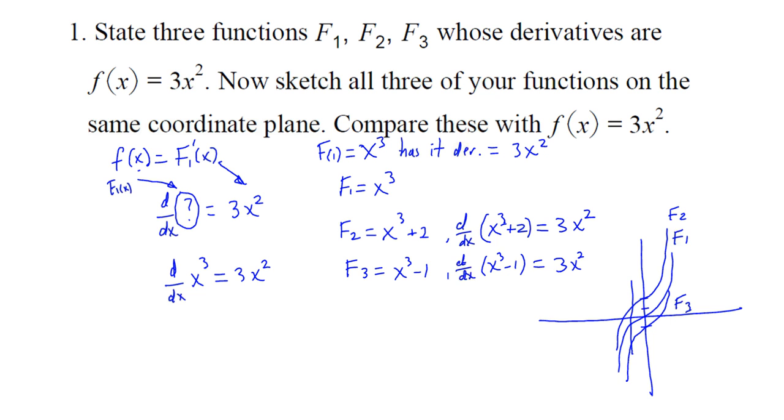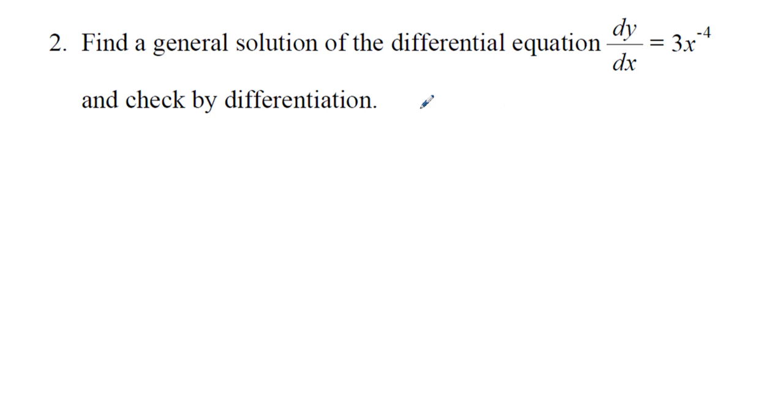Let's go on to problem 2. Find a general solution of the differential equation dy/dx equals 3x to the negative fourth power. This is a differential equation, and we're going to solve it by separating the variables.